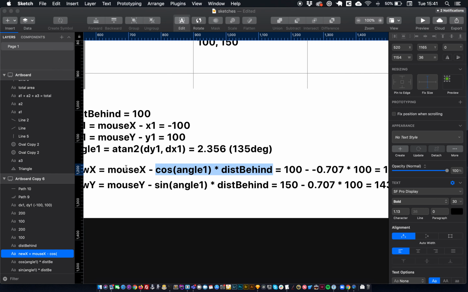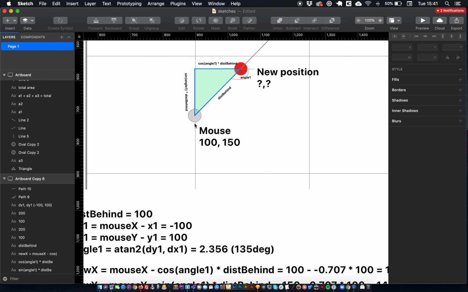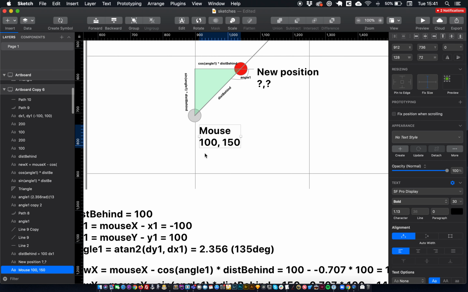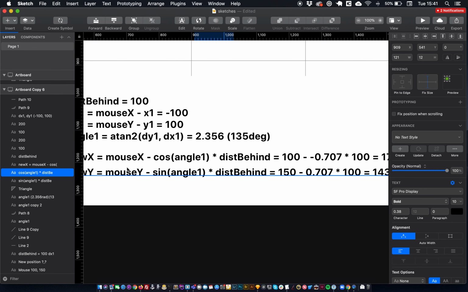That will be done before we minus it from the mouse X position, and then all we're doing is minusing this distance from the mouse position. Okay, so sorry, this distance from the X position. So you can see that what we've got here is the mouse X is 100, cosine of angle 1 is negative 0.707, and the distance behind is 100 for this. So times by 100.